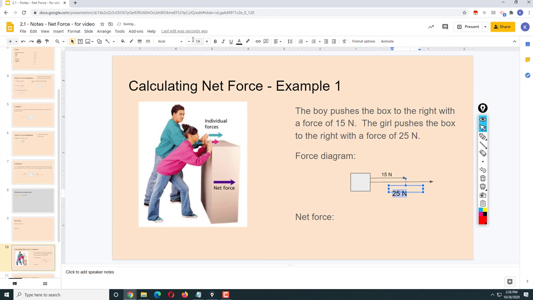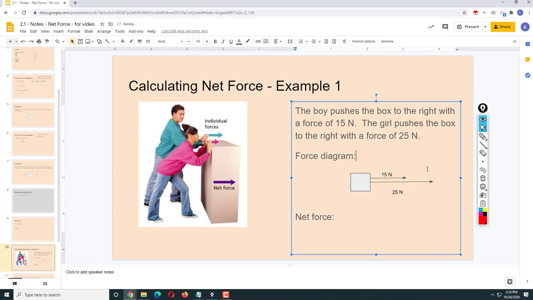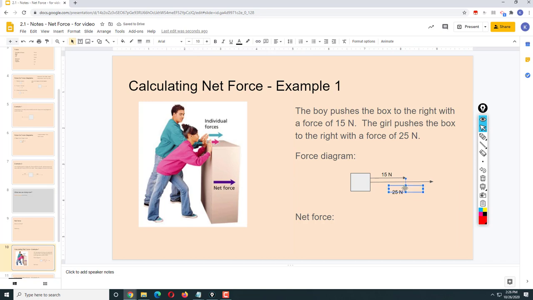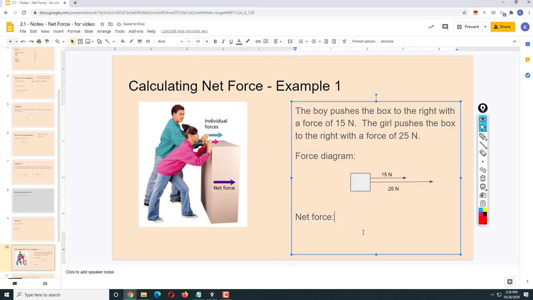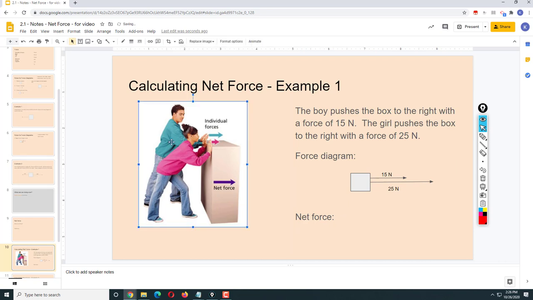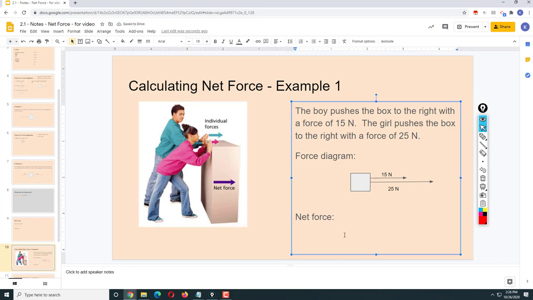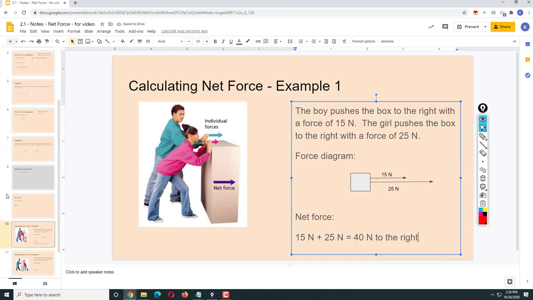Make it smaller. There we go. That's my free body diagram. Next, I want to find the net force. Net force is total. Because they're both pushing in the same direction, the net force we add. So 15 newtons plus 25 newtons is 40 newtons to the right. That is the total force or the net force.